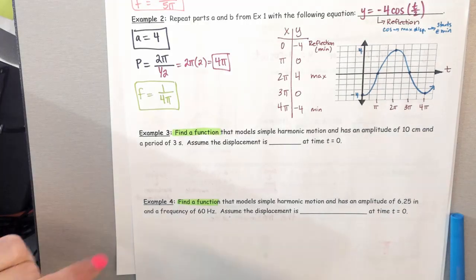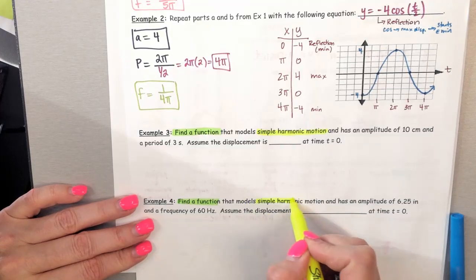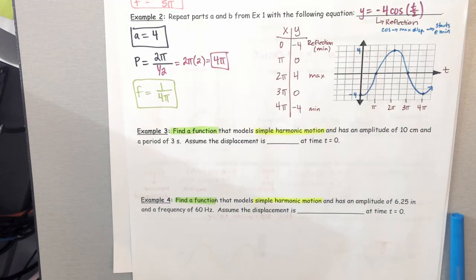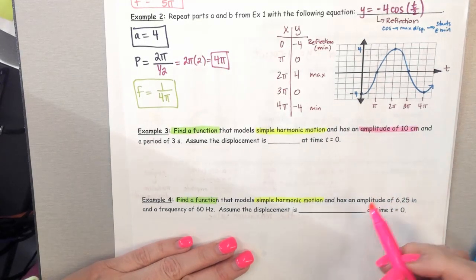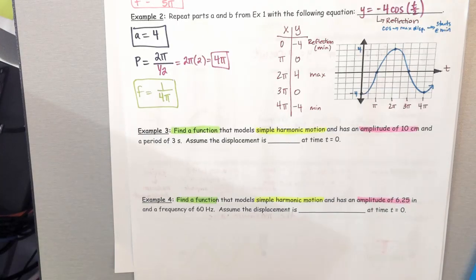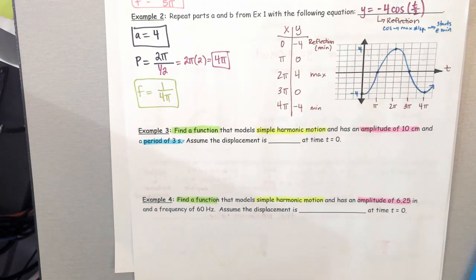So in example 3, it models simple harmonic motion. Example 4 models simple harmonic motion. In both of these, you are given an amplitude. In example 3, you are given the period. In example 4, you are given the frequency.